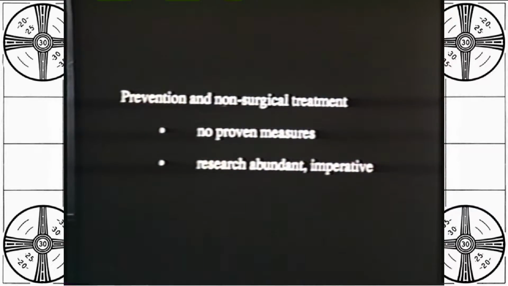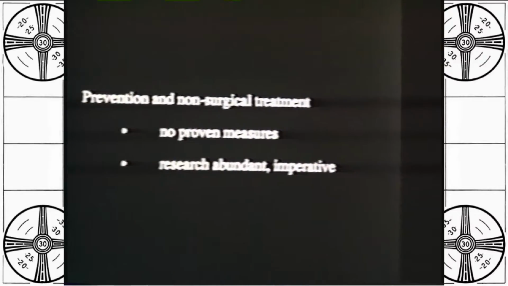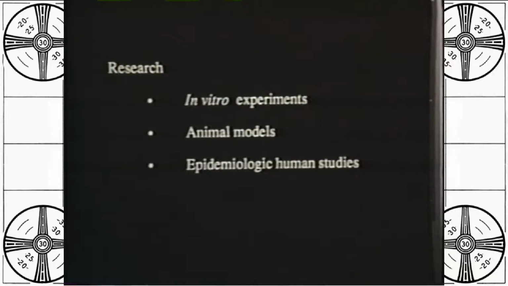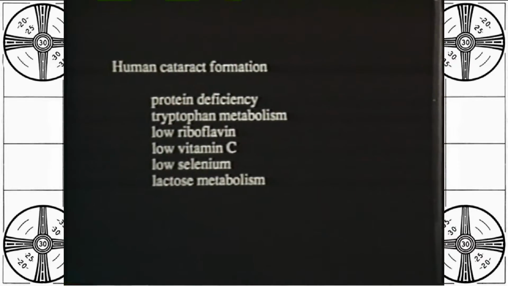So what about prevention and non-surgical treatment? Unfortunately, there are no proven measures, and research is abundant, fortunately, and it is imperative that we continue this research. There are basically three types of research going on: in vitro experiments, animal models, and epidemiological human studies.